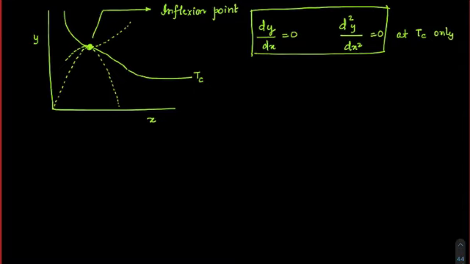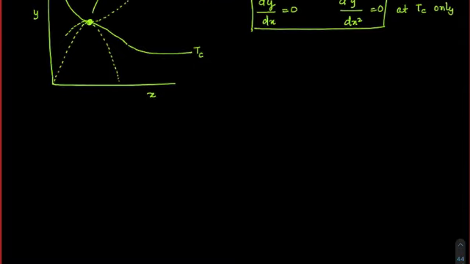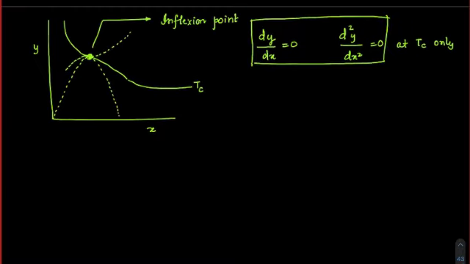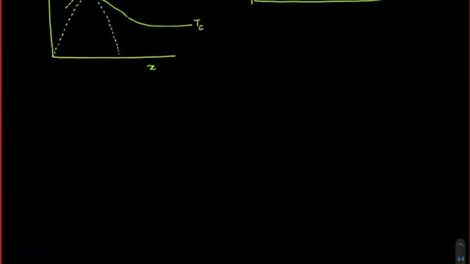So you can use calculus to calculate the critical temperature, critical volume and critical pressure. I can write this way: dou p by dou v at critical temperature is equal to 0, and dou square p by dou v square at critical temperature is equal to 0.